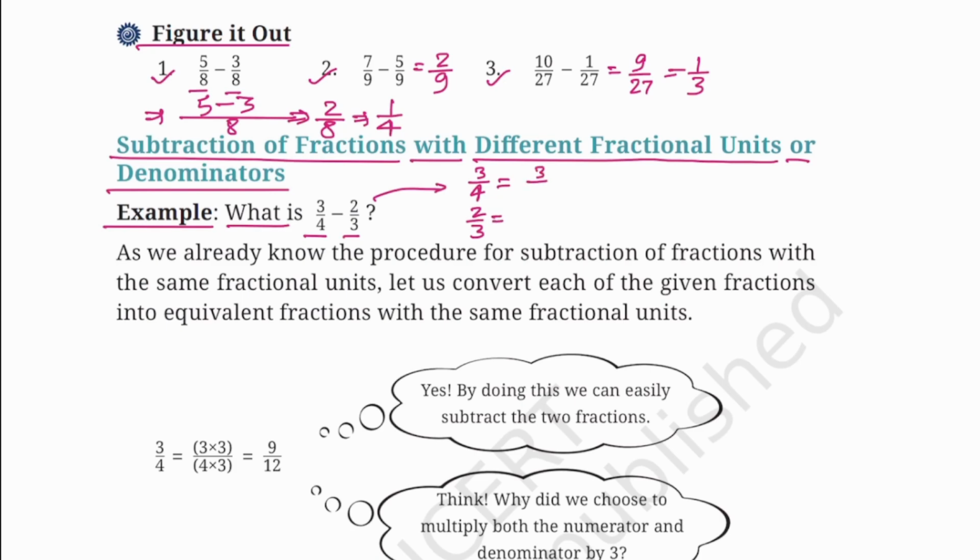So multiply 3 upon 4 with 3 upon 3, you will get 9 upon 12, and multiply 2 upon 3 with 4 upon 4, you will get 8 upon 12. So 3 upon 4 minus 2 upon 3 can be written as 9 upon 12 minus 8 upon 12 equal to 1 upon 12. The answer is 1 upon 12.